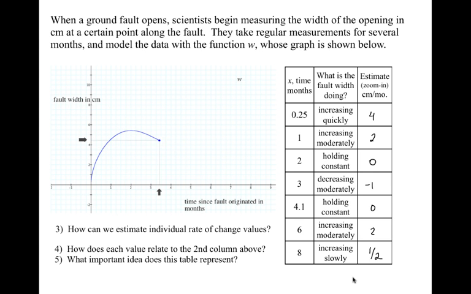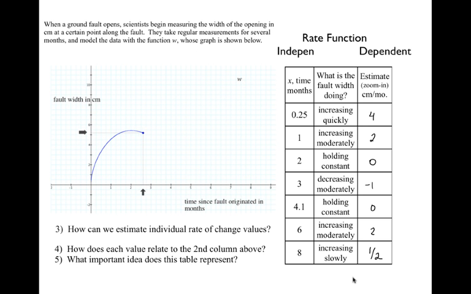So that's a representation of the rate of change function, right? This table is expressing the rate function. At different values of time, it's giving us the value of the rate of change, and so now we're putting meaning on those values.